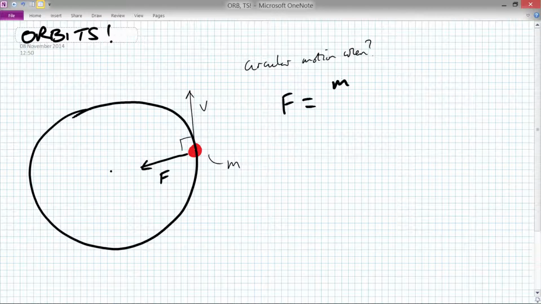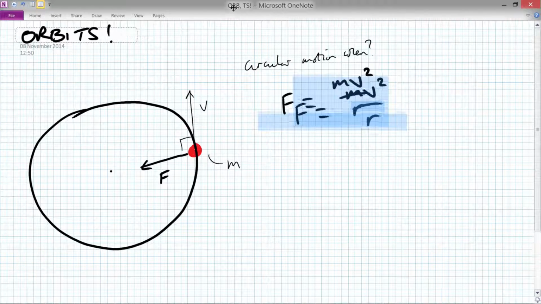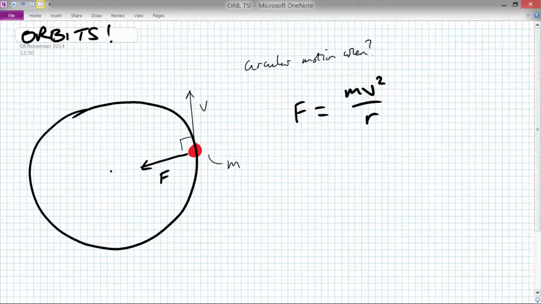And we arrived at this equation. I think we did a loose derivation of this, and I think I linked to a video about it. But that force is equal to mv squared over r. So this body will go around in circular motion if it experiences a force equal to mv squared over r, where r is the radius of this circle, and v is the linear velocity, which of course doesn't change.